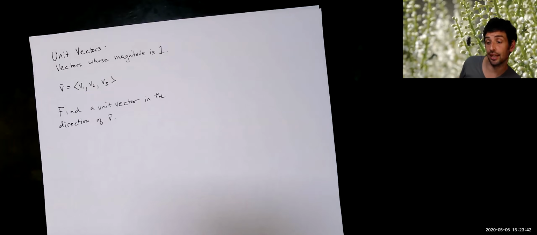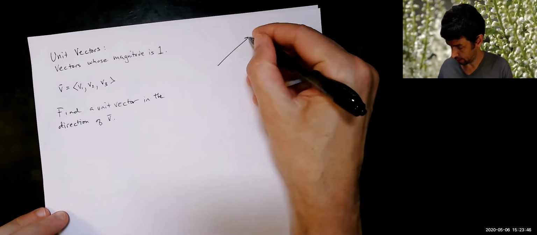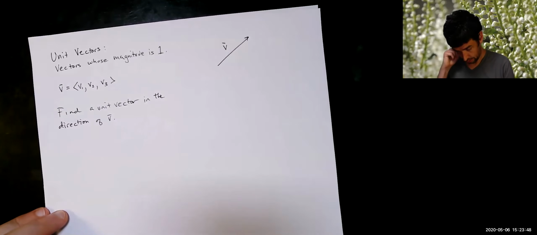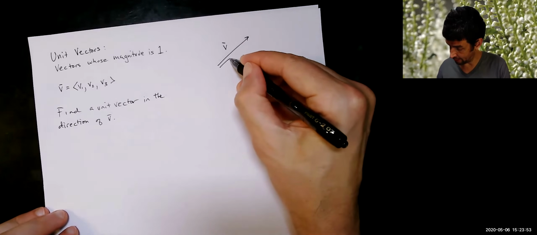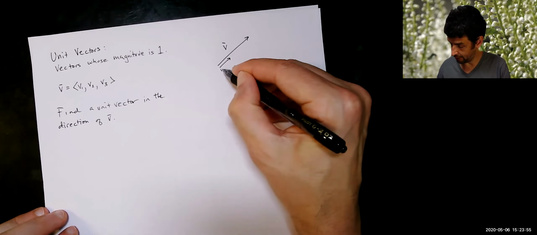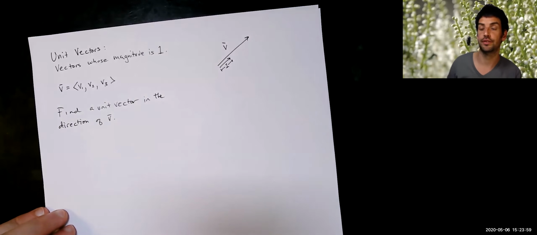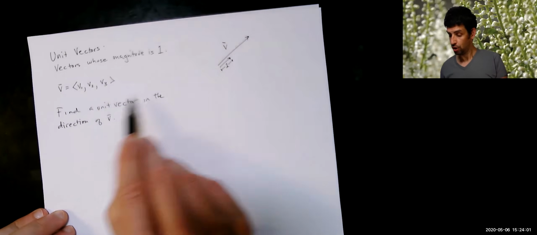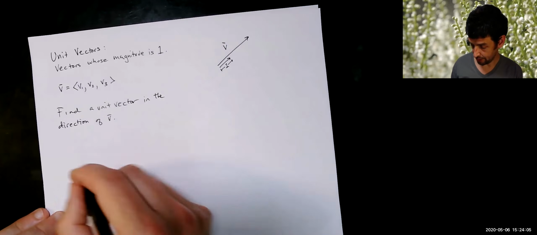By scaling them, right? So if I have the vector v, let's pretend it's bigger than 1. What I would want to find is a vector whose length is just 1 in the same direction, right? So what might occur to us is, why don't we find out the length of v?